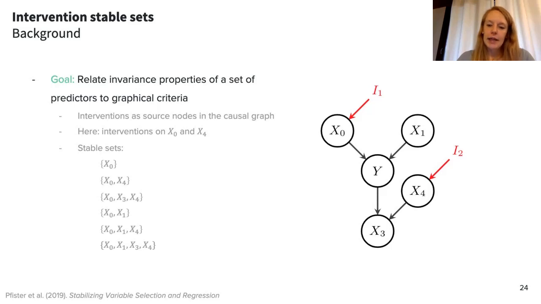So we get a number of sets that satisfy this d-separation relationship. X0 alone would work, but we could also add X4 and X3, and similarly also X1, X4, or all the remaining ones.